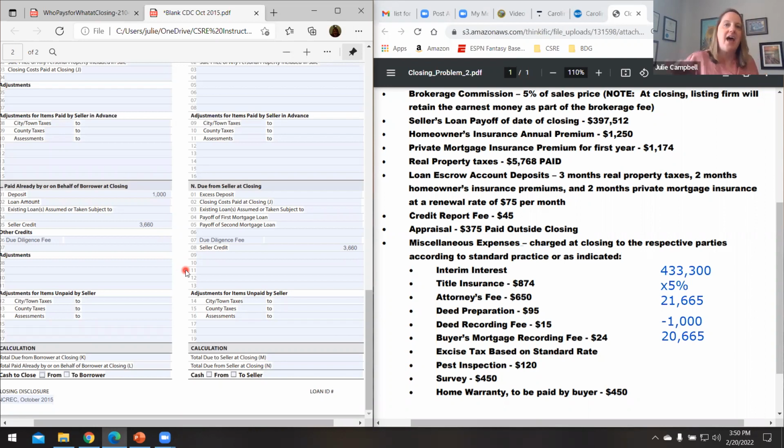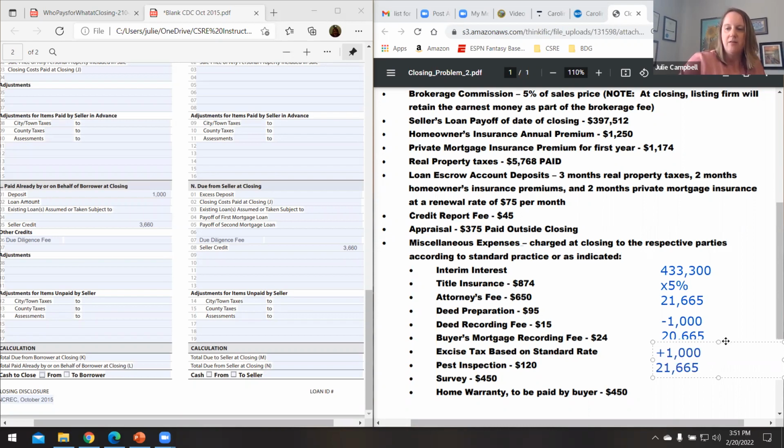The firm has that $1,000 sitting in their escrow account. So when you bring your check back for $20,665, the firm's just going to transfer the $1,000. So now the firm has their money.